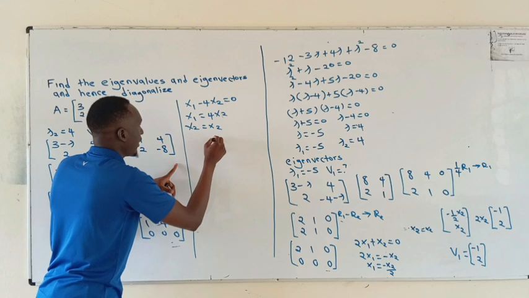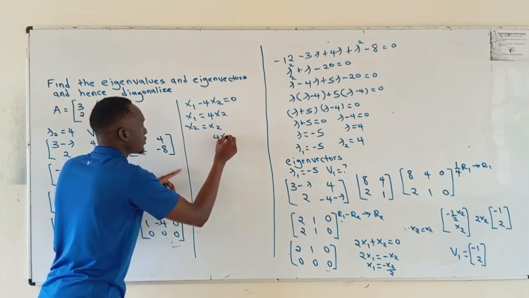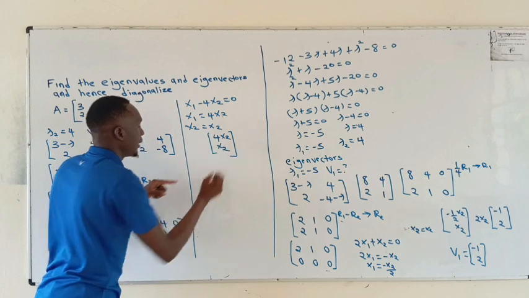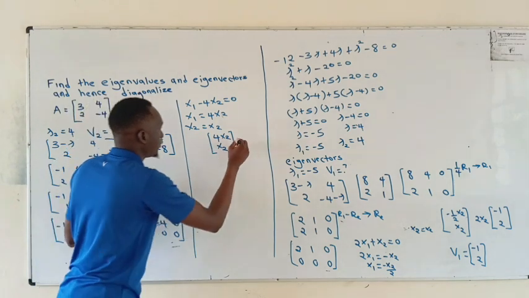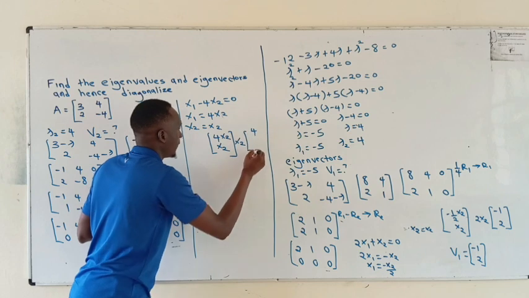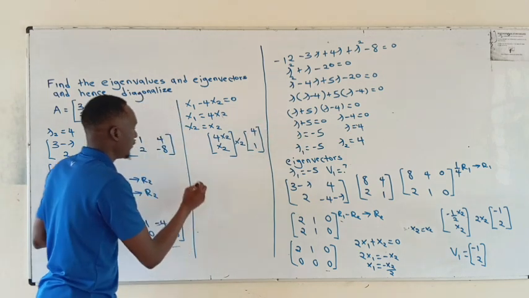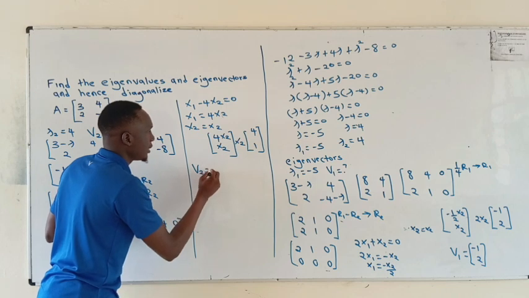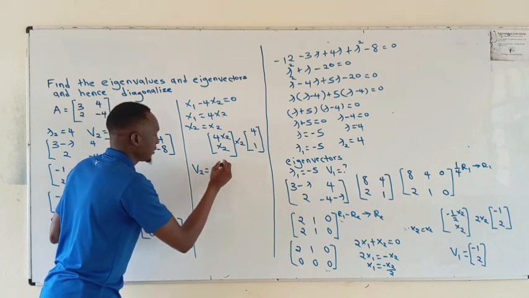Therefore, we have our x1, which is 4x2, our x2, which is x2. Let's factor out x2. So we have x2 into 4, 1. Therefore, our eigenvector 2 is equal to 4, 1.